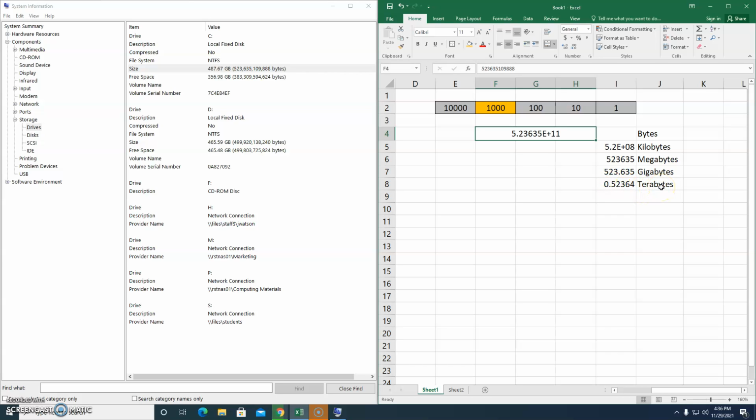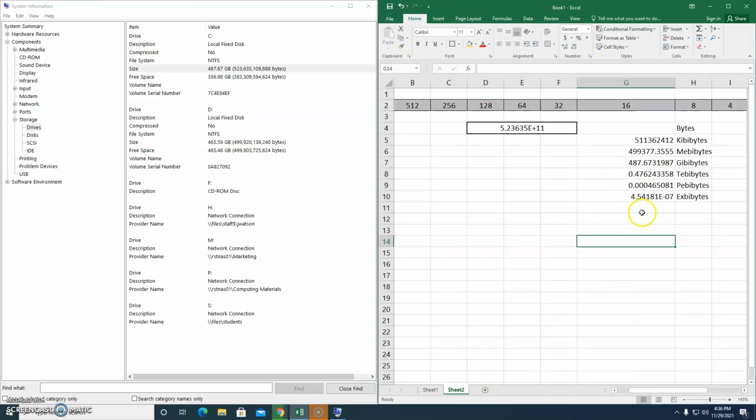So it doesn't look like there's a big difference between those two numbers, 0.52 and 0.47. But these numbers are so big that actually there is a very big difference between those two values.